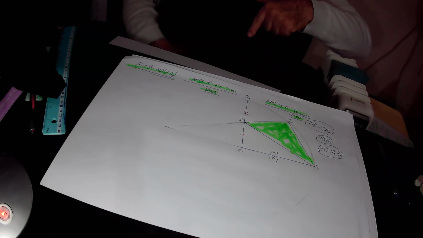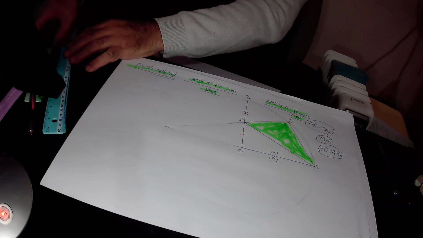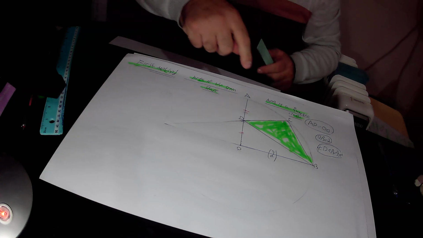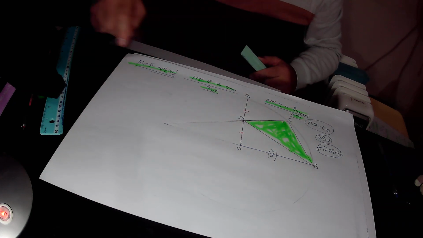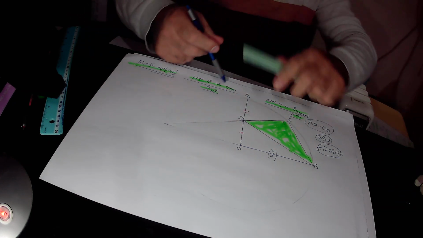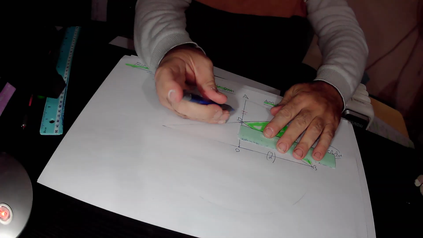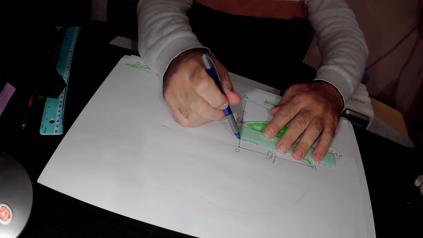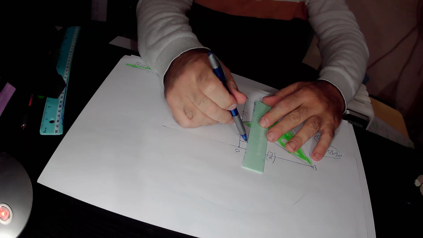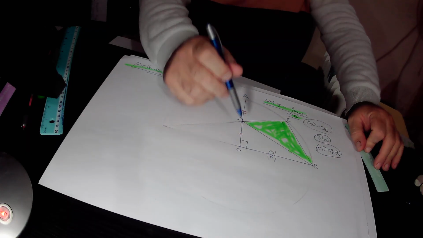First of all, we know that AOB is a quarter circle, and therefore angle AOB is a right angle. In addition, because AOB is a quarter circle, the two radii of this quarter circle are AO and OB.